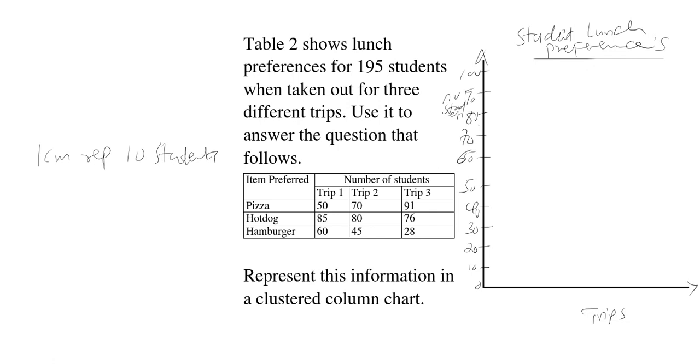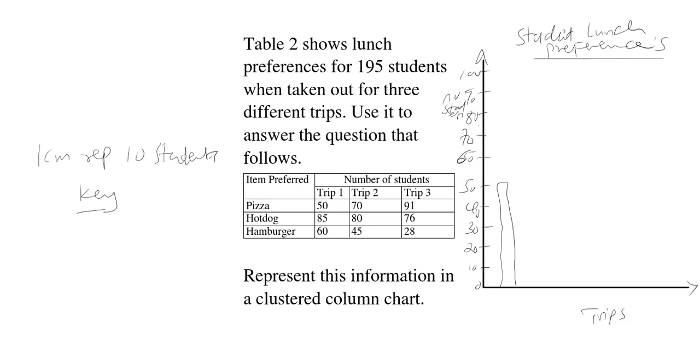Then in our x-axis, for example, let's draw for trip 1. For trip 1, we draw for pizza. We have 50. Pizza is 50, so we draw up to where we have 50. Then you can shade. Let's have our key.